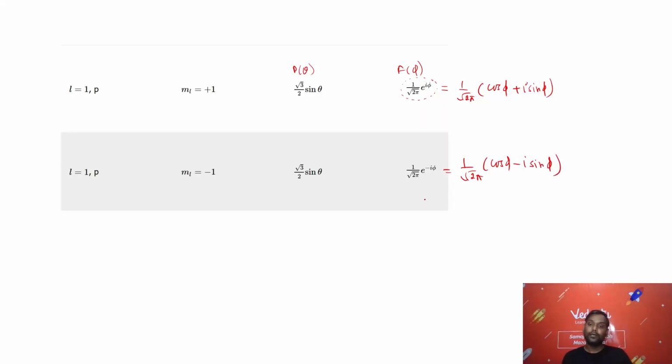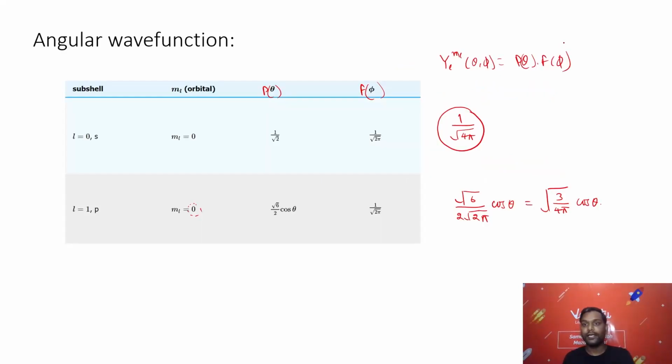In fact, the Φ(φ) part can be represented by a common general formula: Φ(φ) for any orbital will be given by 1 upon √2π e to the power i ml phi.